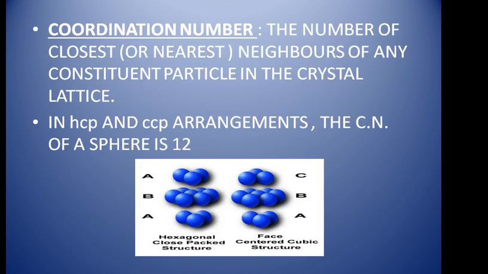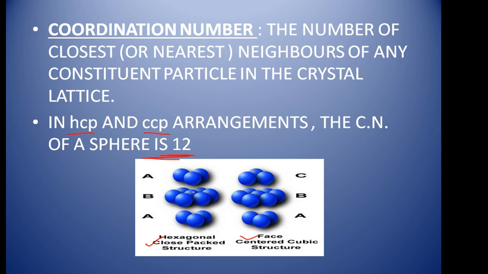Another information for 1 mark question, that is coordination number. You all have already learned what is coordination number. So in HCP, hexagonal close packing, and in CCP, cubic close packing or FCC arrangement, the coordination number of a sphere is 12. Try to understand this. How is it so? Here I have given both the structures, HCP and CCP or FCC.